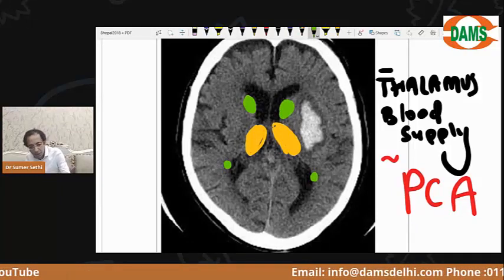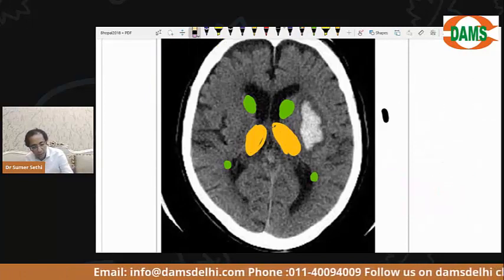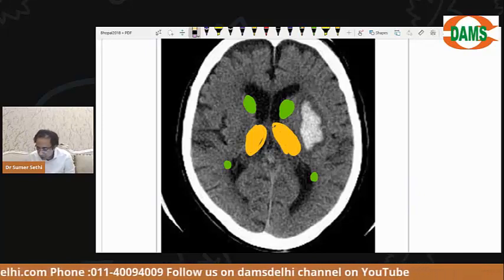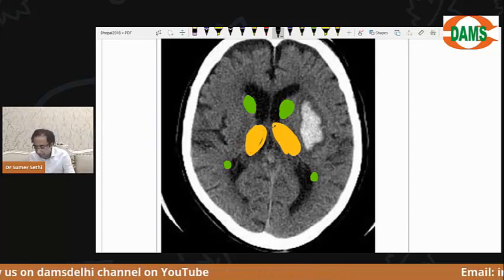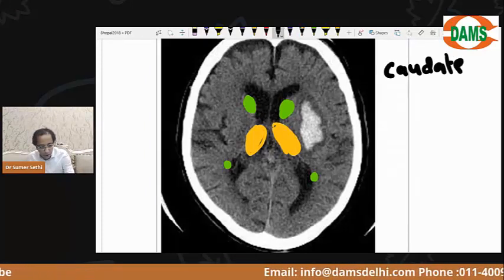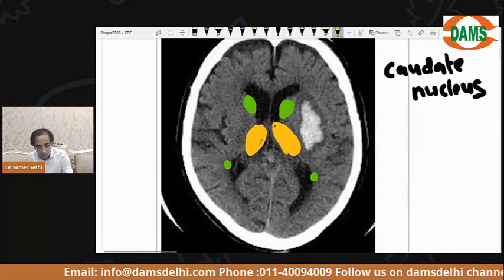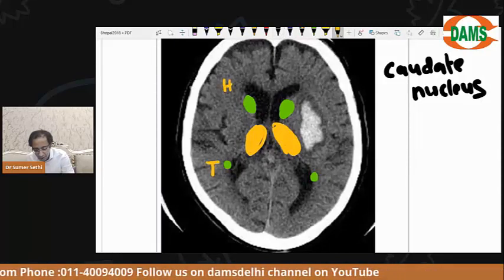Can you name a structure which is located adjoining the lateral ventricle? Which structure is there alongside the lateral ventricle? Its name is caudate nucleus. Okay, and it has a head, it has a body, and it has a tail.